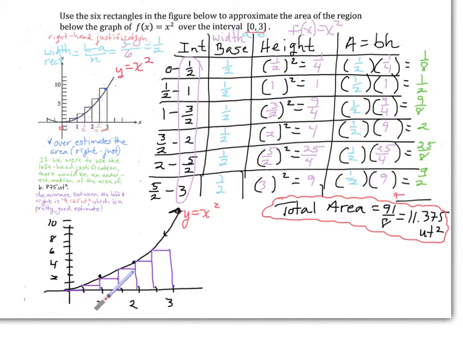But what do you see right here? All of this stuff right here. All that white stuff, that's your underestimation. So you have to pay attention to whether MathXL wants you to left justify or right justify. And it just depends on what type of curve you have, typically, whether you make that choice yourself. You can always do both right justify and left justify, calculate their areas, and then divide by 2.